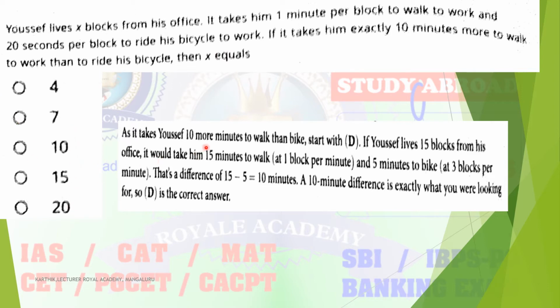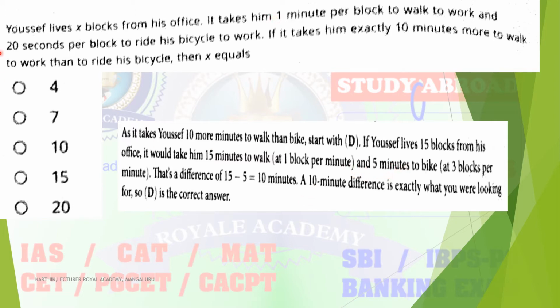With the help of these options you can determine the answer. It takes Yusuf 10 more minutes by walking. If he lives 15 blocks away and travels by walk, 15 minutes is required, because it is 1 minute per block.